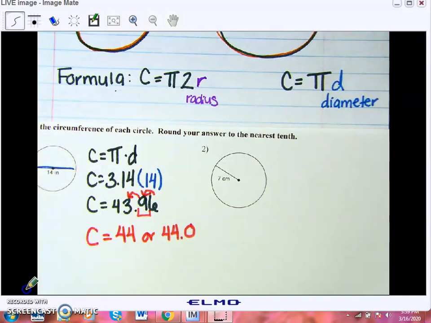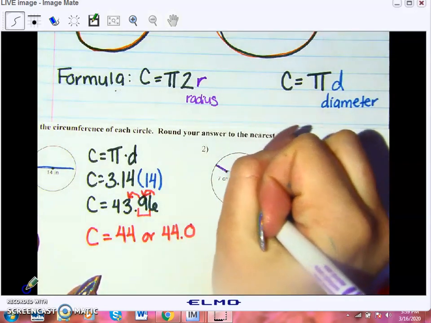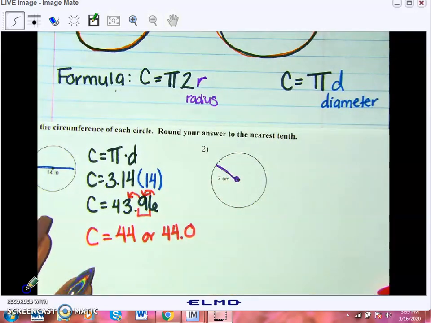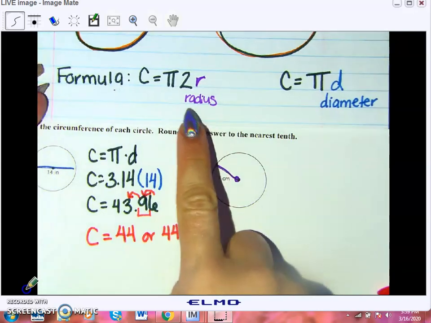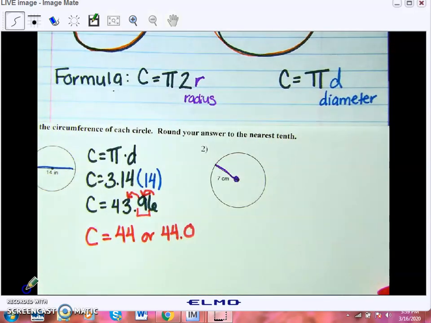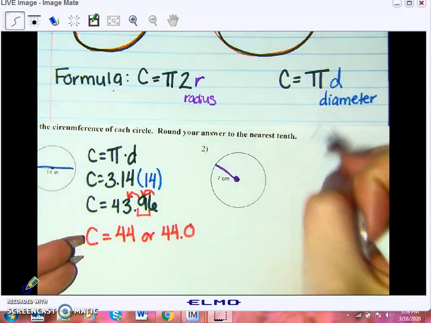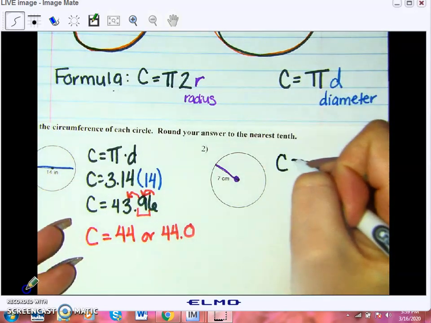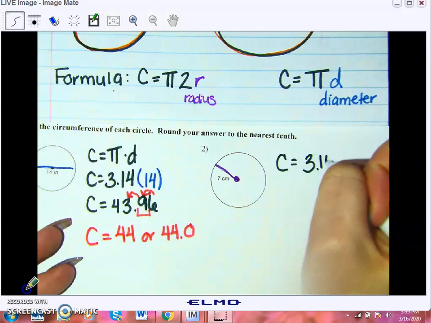Okay, for number 2, let's identify which part of the circle is actually given to us. So in this particular part of the circle, we have the radius because we see that it's only going halfway. So the radius is given in this case. We're going to use the circumference formula, but let's try using the one with the radius, 2r, or 2 times the radius. So with that being said, it's going to look like C equals 3.14.